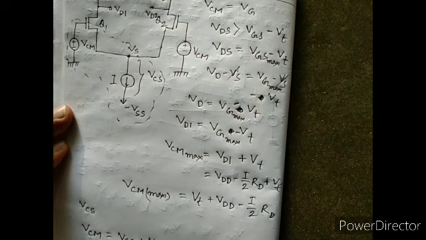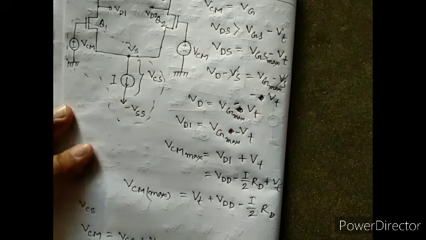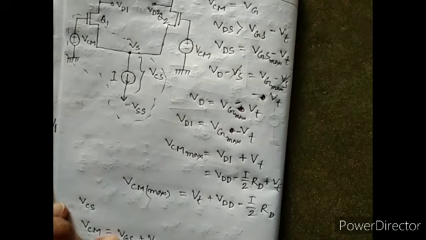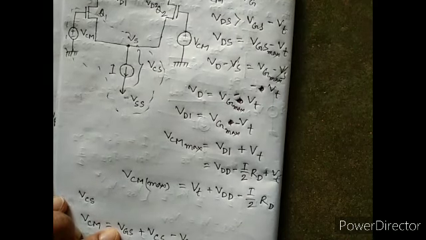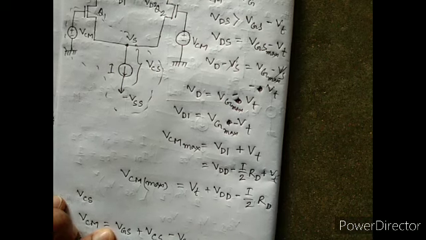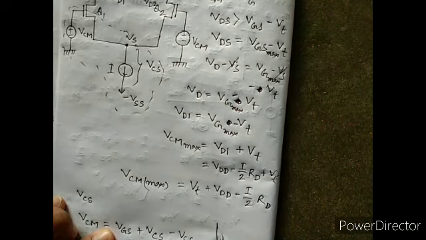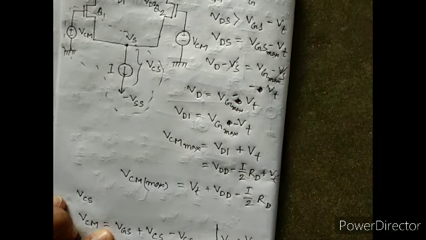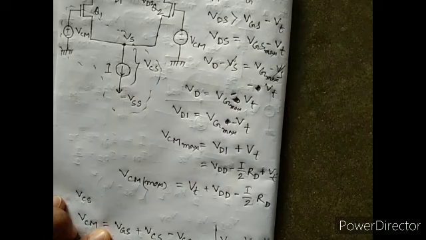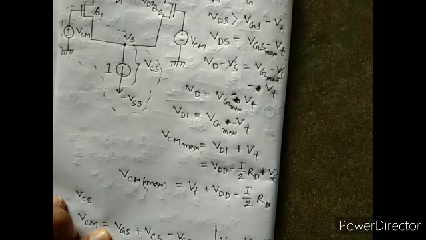So you can write VCM minimum equals VGS. We know previously that V overdrive equals VGS minus VT, so VGS equals V overdrive plus VT.